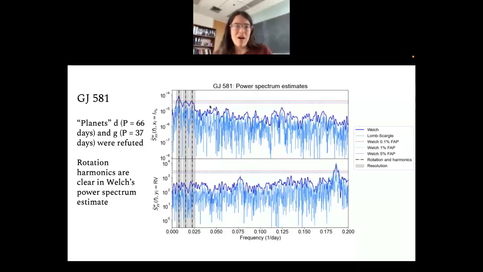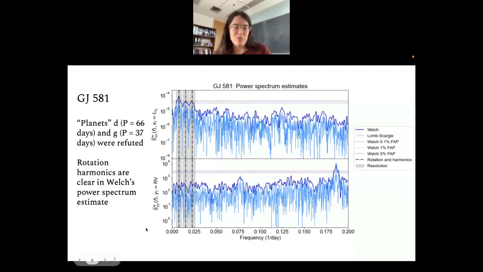On the left, the leftmost vertical line shows the rotation period. It's detected way above the 0.1% false alarm threshold, and the harmonics of that rotation period are also detected at high significance. Well, it turns out if you go down to the RVs, you just follow these vertical lines downward.